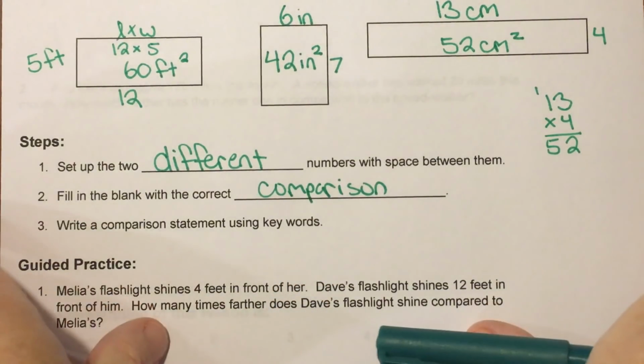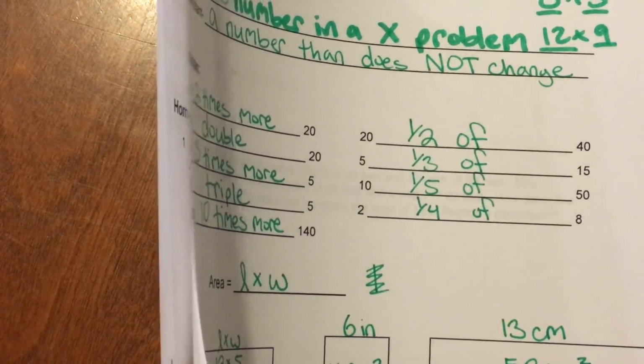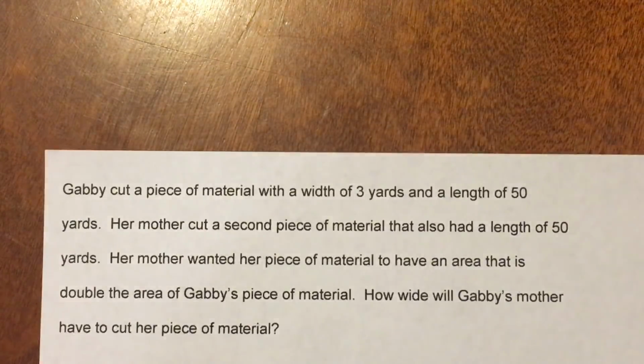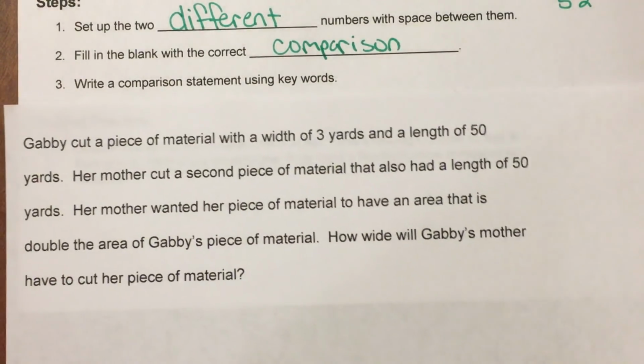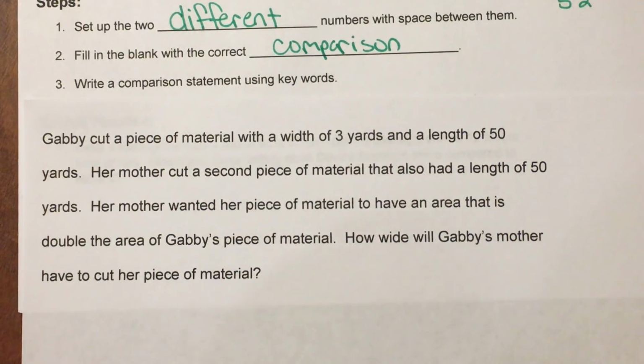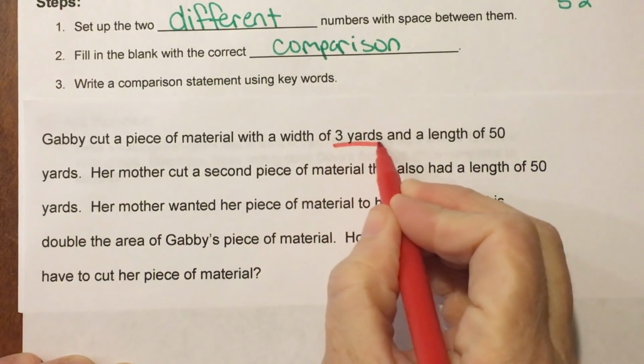Okay, so what does this actually look like? So let me get mine. All right, here's my first one. I'm going to put my steps back up so we can look at them. My first one says, Gaby cut a piece of material with a width of 3 yards and a length of 50 yards. I might underline those so I can pay attention.